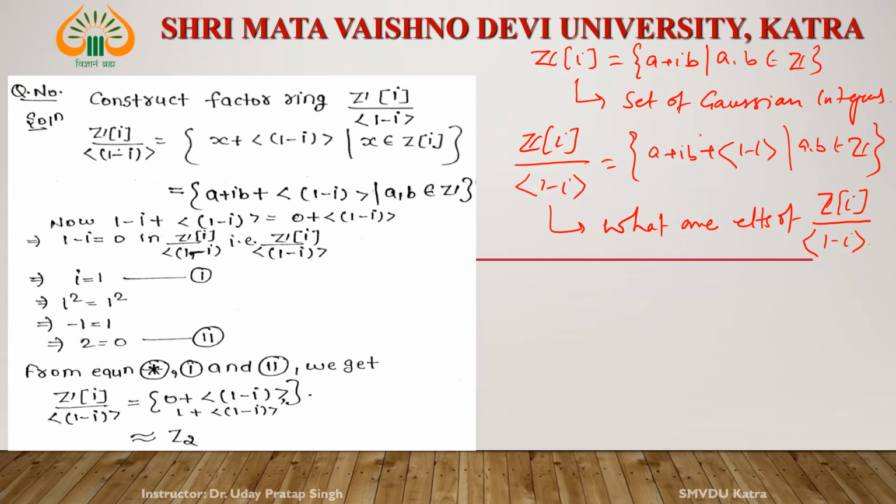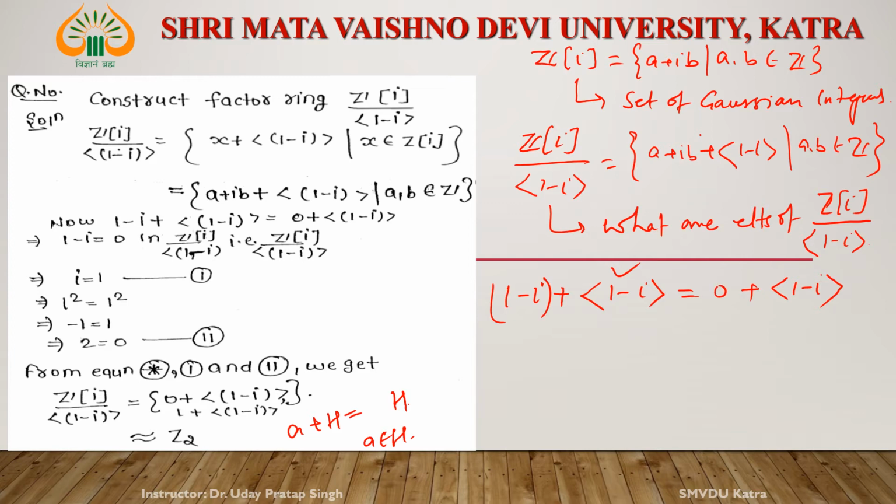What is 1 minus i plus the ideal (1 minus i)? See, a plus H is equal to H means a belongs to H, right? And 1 minus i belongs to this ideal. So 1 minus i is equal to 0.